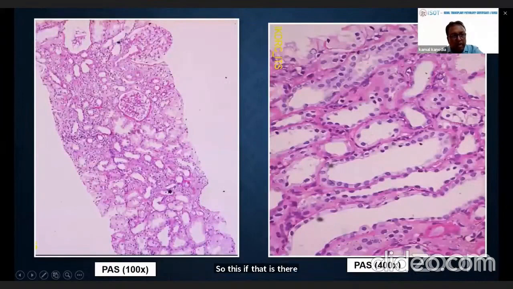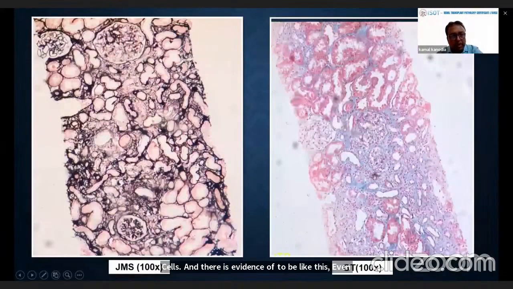Again, you can see the infiltration of the cells and there is evidence of mild tubulitis. This is a silver stain showing the interstitial fibrosis and tubular atrophy. Glomeruli are almost unremarkable.